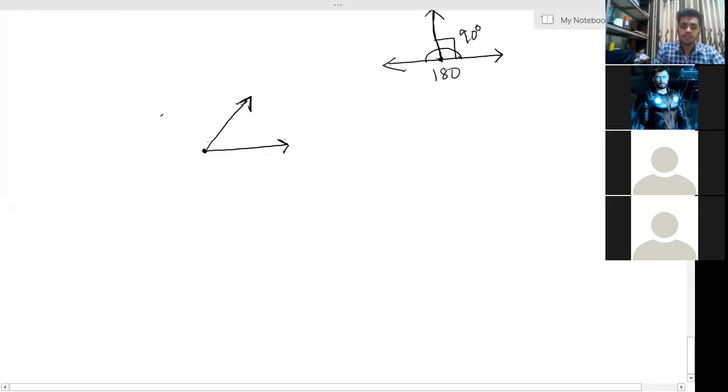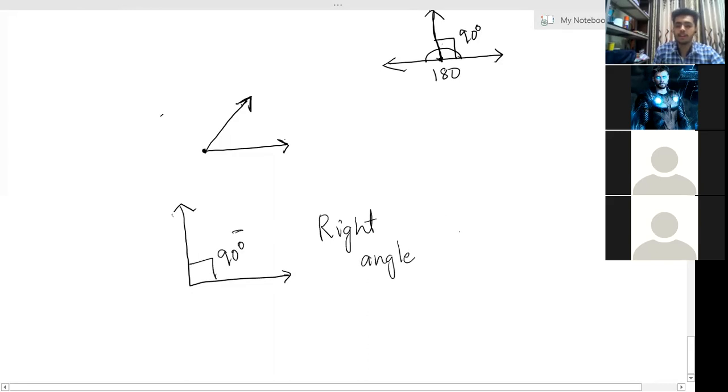So now whenever it is at 90 degrees, that is half of this position, we call it 90 degrees, or also call it a right angle. You can remember it as an L shape. It's an L-shaped right angle.